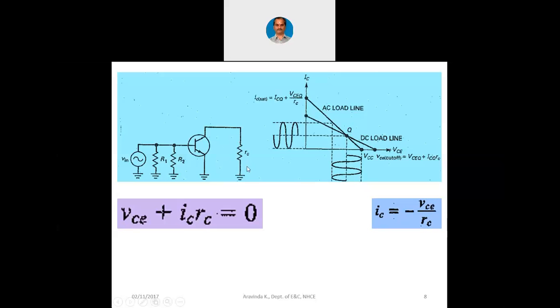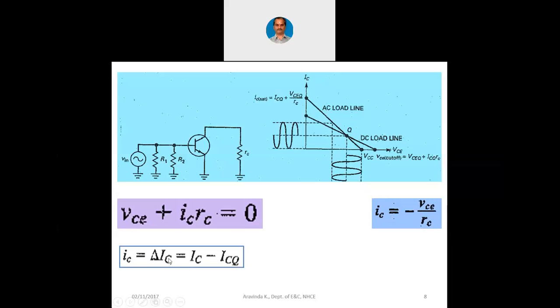This RC is nothing but the dynamic resistance at the collector or AC resistance at the collector, which is nothing but the parallel combination of capital RC along with the small r naught along with capital RL if it is present. So we can write small IC, or the AC current, is equal to minus of VCE divided by RC.